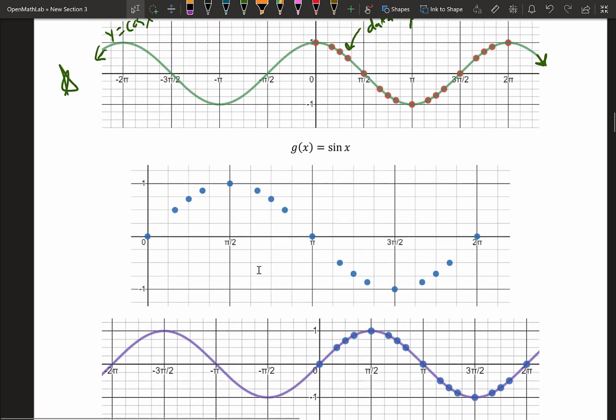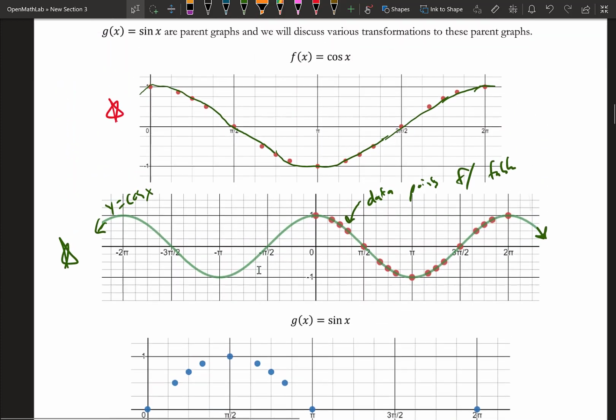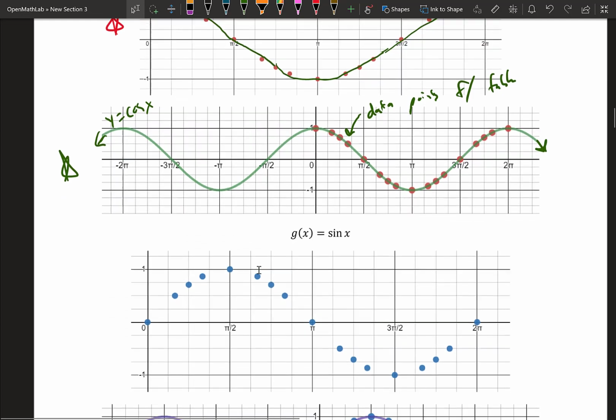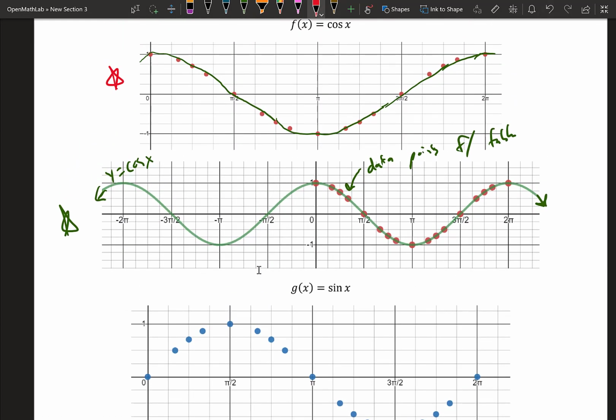So one thing you'll notice about these graphs is that cosine and sine, the graphs are pretty much exactly the same. The difference is that they're shifted to the right. So this point here on cosine is at the point 0, 1, where this top point is at pi over 2, 1.